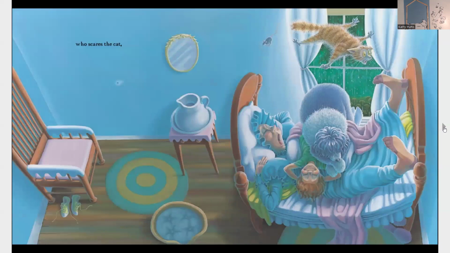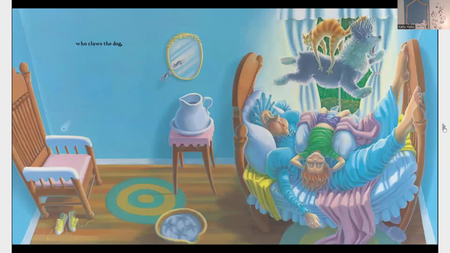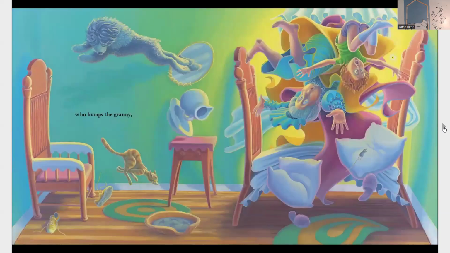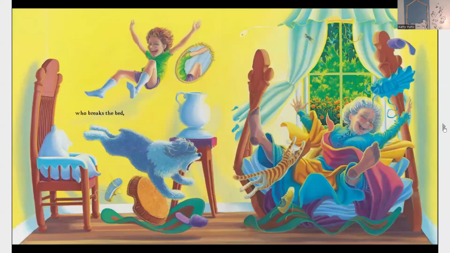Who scares the cat. Meow! Who claws the dog. Woof! Who thumps the child. Wow! Who bumps the granny. Oh dear! Who breaks the bed?